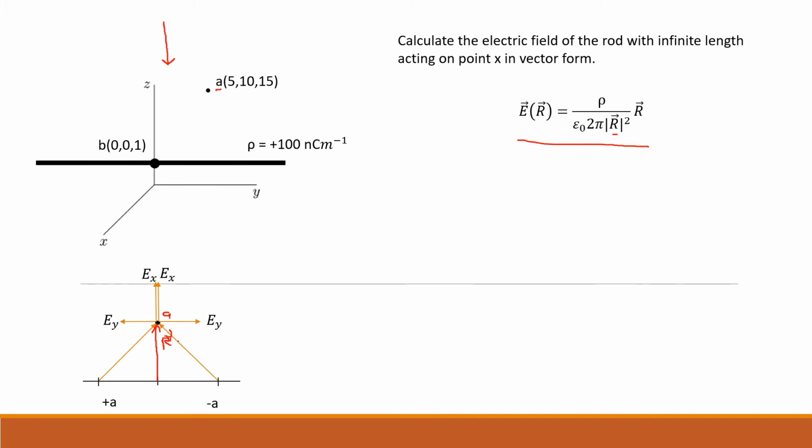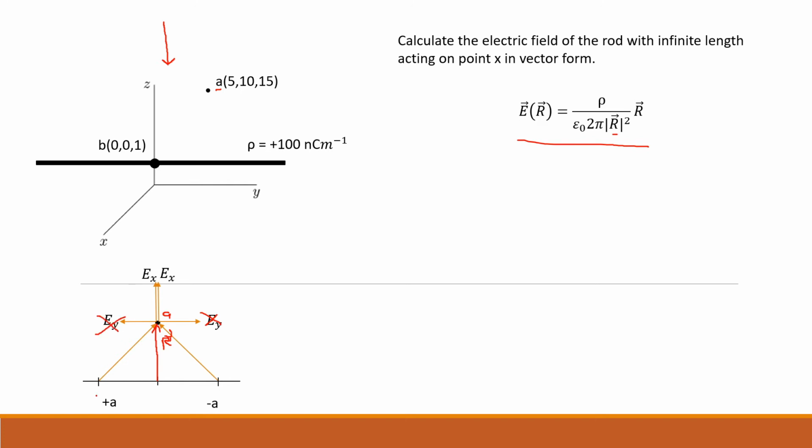But more importantly, I want to show you that the electric field acting on the point comes from two equal but opposite lengths from the center of the rod, and can be resolved into x and y directions. The Ey components are opposite but equal, and hence they cancel each other out.